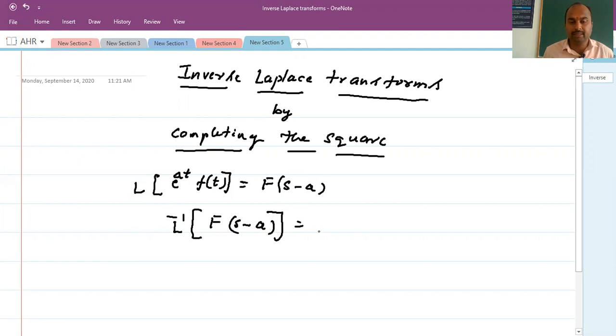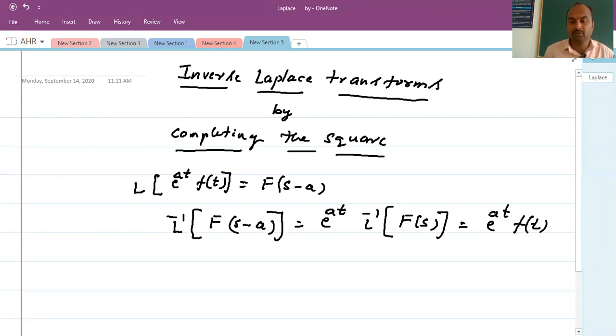Since there is an s minus a term, you write e power at into the inverse Laplace transform of F of s. So the inverse Laplace transform of F of s is f of t. This is one of the forms.